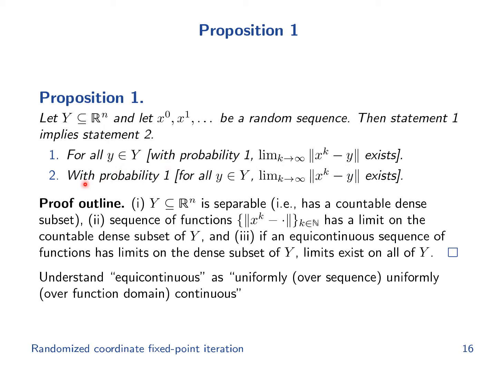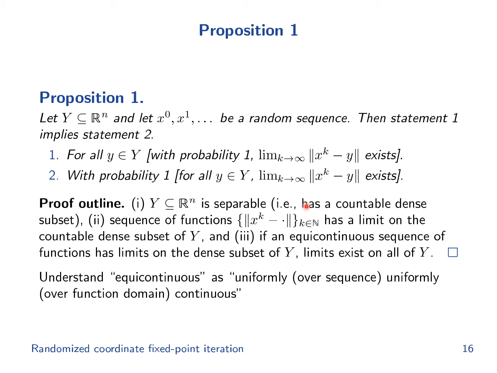The stronger statement says with probability 1, the limit exists for all points in Y. The proof has 3 steps. The first step argues that since Rn is separable and the subset is separable, so Y is separable, meaning Y has a subset that has countably many points, and the subset is dense with respect to Y.